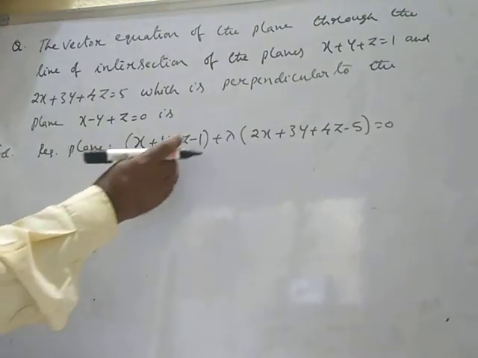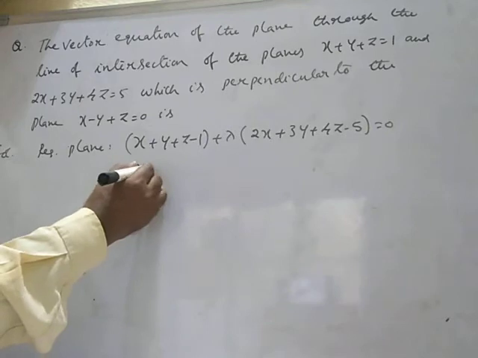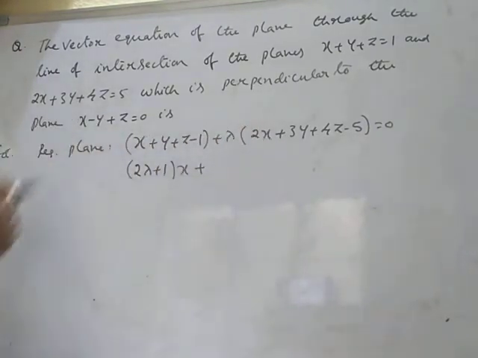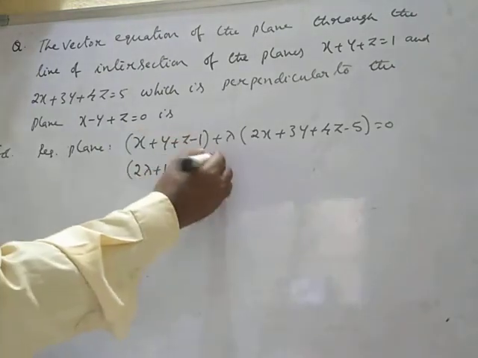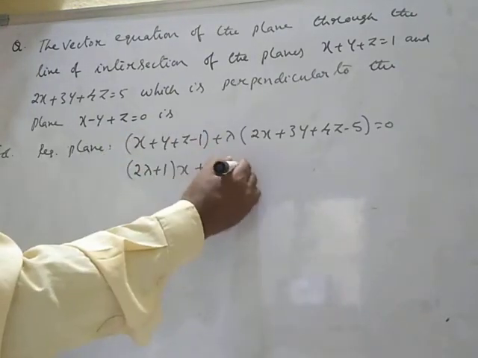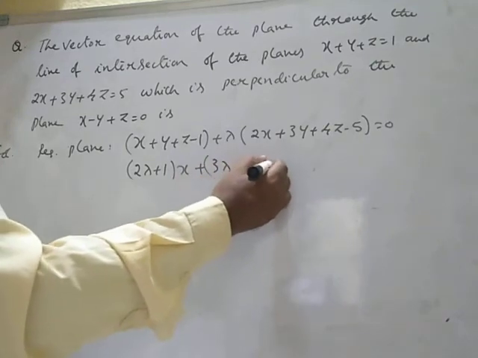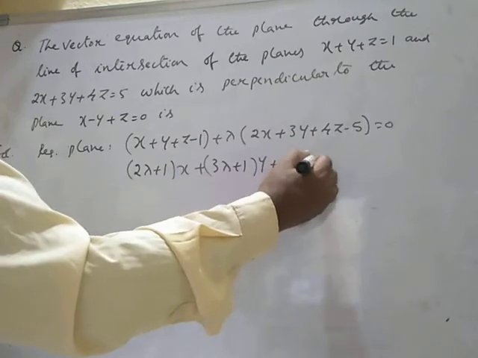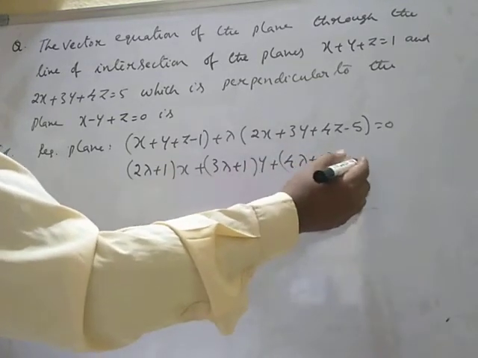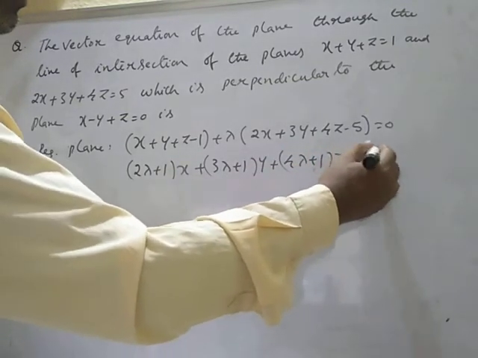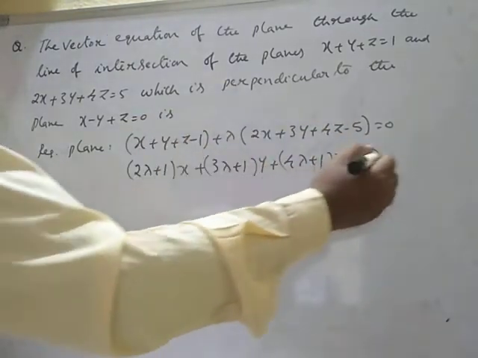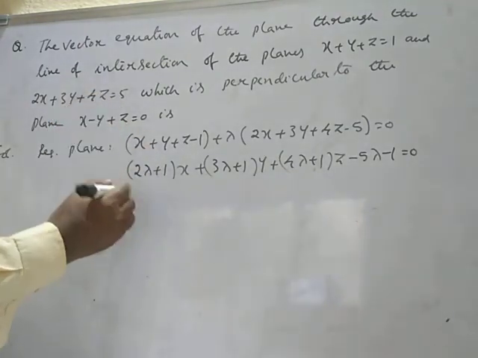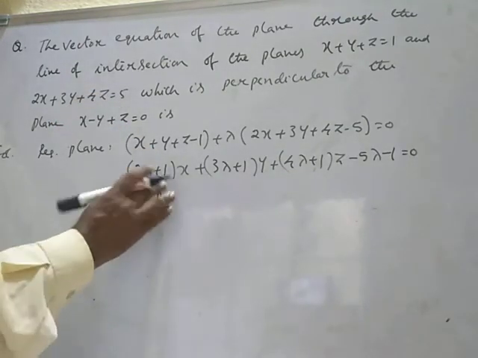Now simplifying, the coefficient of x is 2 lambda plus 1, of y is 3 lambda plus 1, of z is 4 lambda plus 1, and the constant term is minus 5 lambda minus 1 equal to 0.